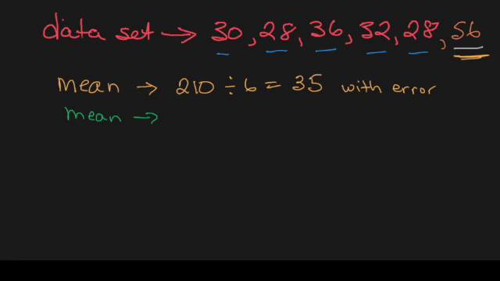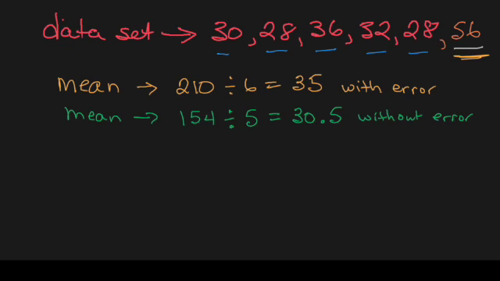So we add 30 plus 28 plus 36 plus 32 plus 28, and we end up with 154. Then we divide that by the number of items, which is now 5 since we excluded the error. Our mean then comes out to 30.5, and that's without the error.